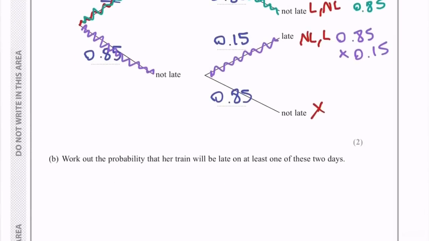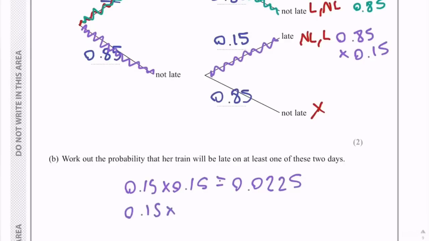So our first one was 0.15 times 0.15, and that equals 0.0225. We also had 0.15 times 0.85, and that is 0.1275.